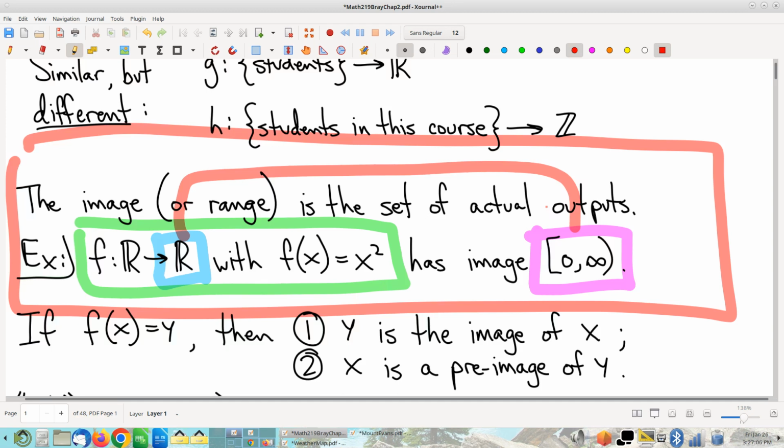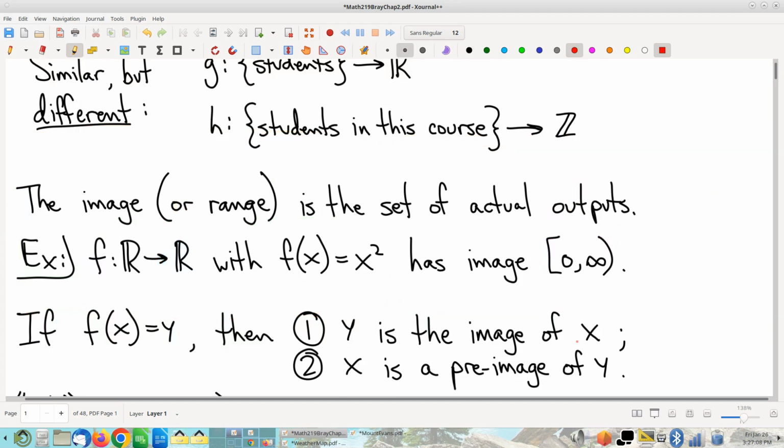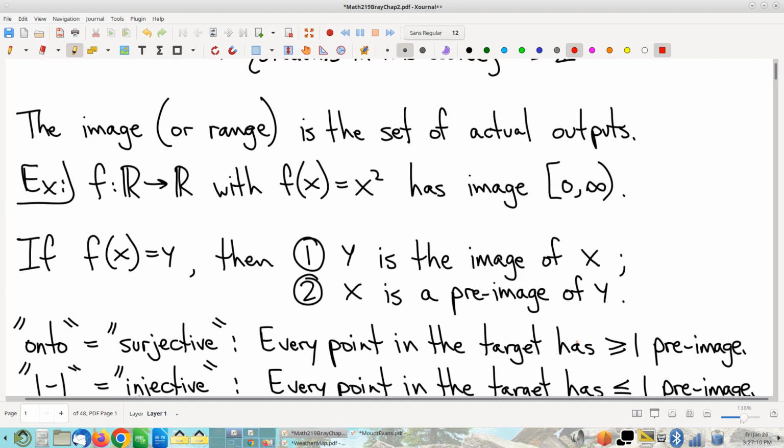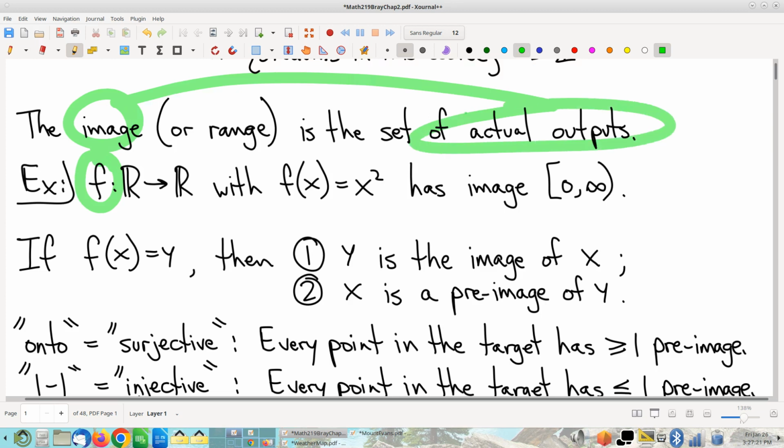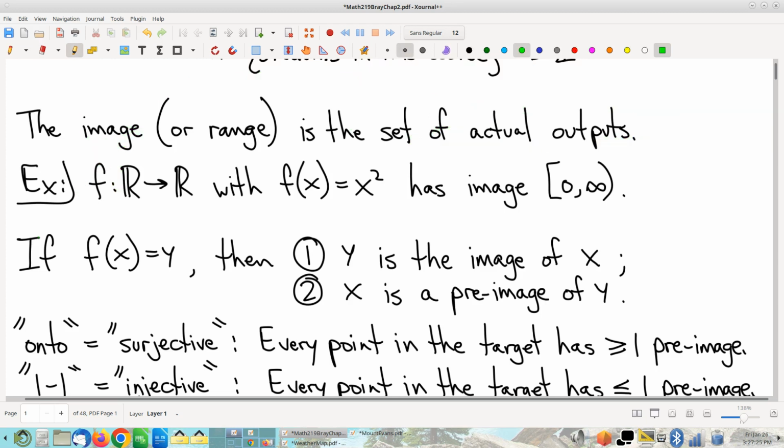Okay, so related lingo. Again, these things just have to get said. When you have a function, and if you're talking about the whole function, the image is the set of all of the actual outputs. But if, for a given function, you're interested in the image of just a single input value, the word image means something very much more specific.